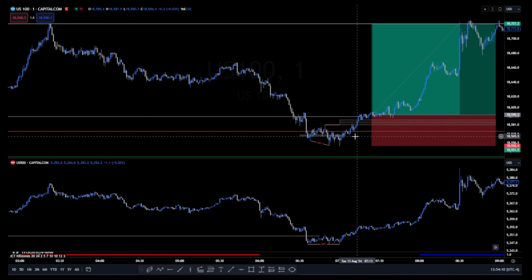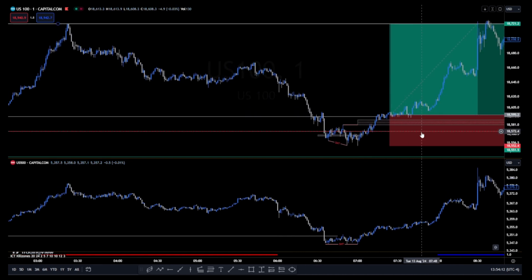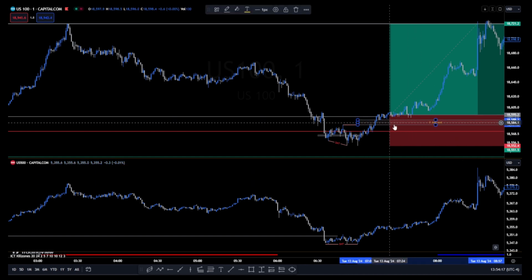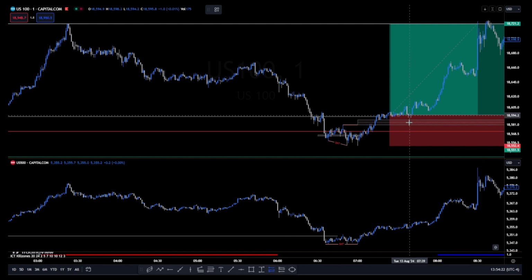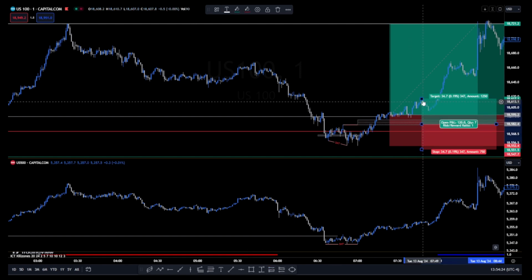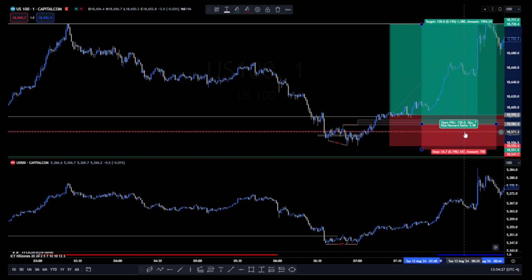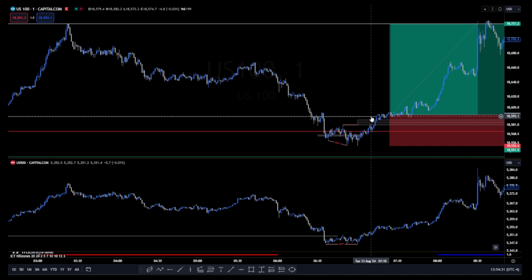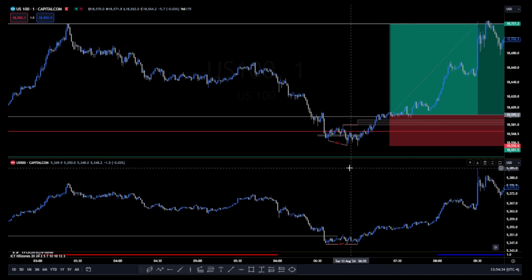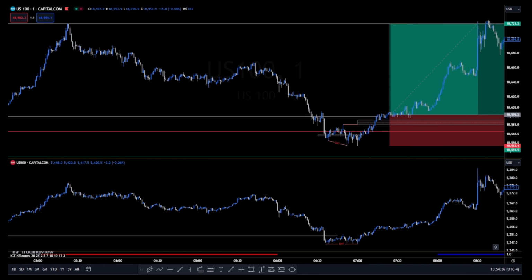I was thinking that here will be another entry, as you see that this FVG didn't get anything. So I was thinking like here we will see another entry, which was about a risk to reward ratio of 3, about 4. And that was the trade.